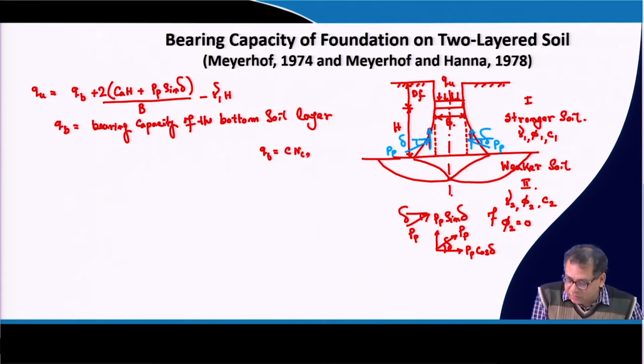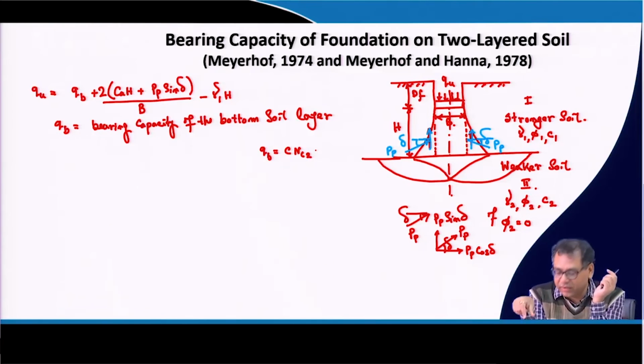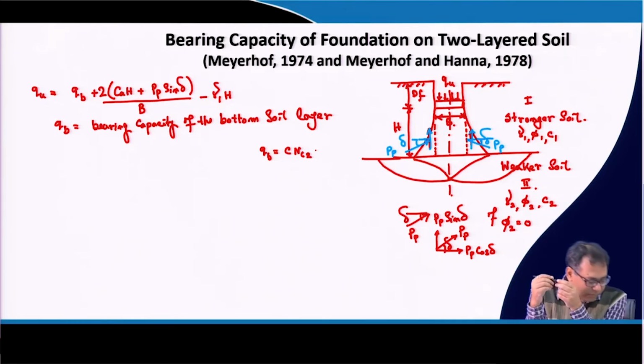C N_C2. Then it is the strip footing. Originally, let us first discuss this for strip footing. So, for strip footing the shape factor S_C is equal to 1, and inclination is not given, so the inclination factor I_C is also 1.